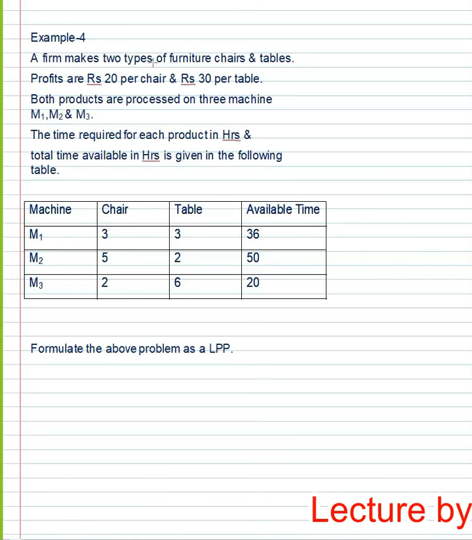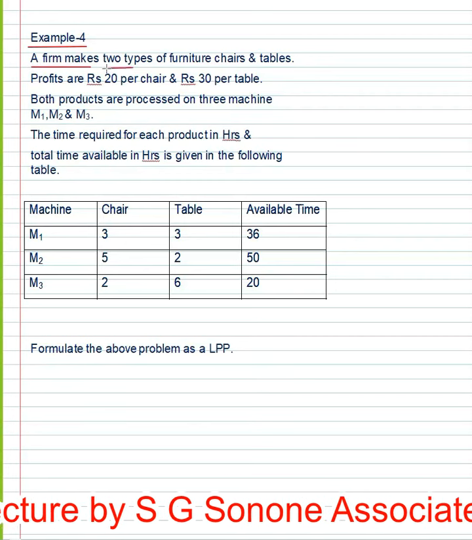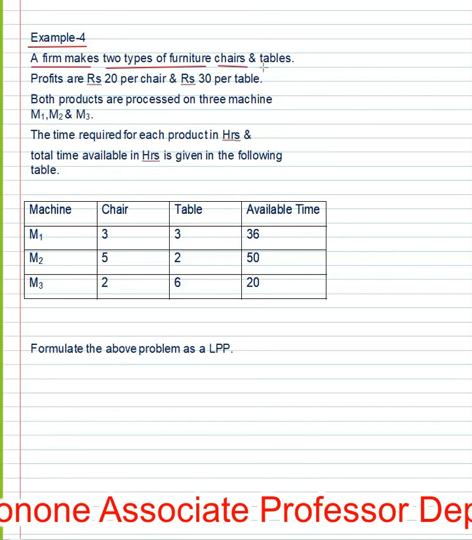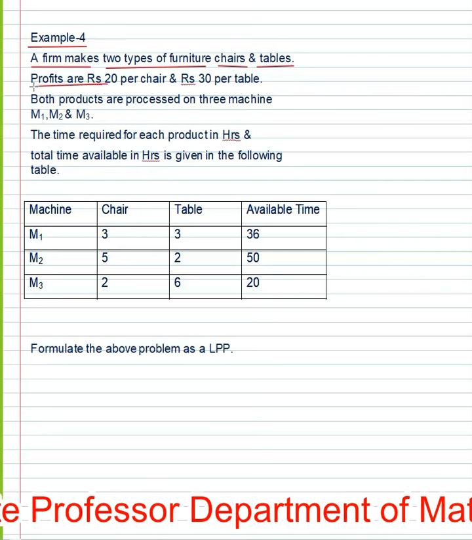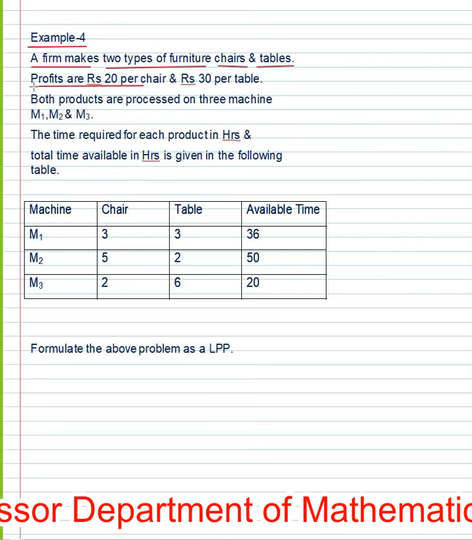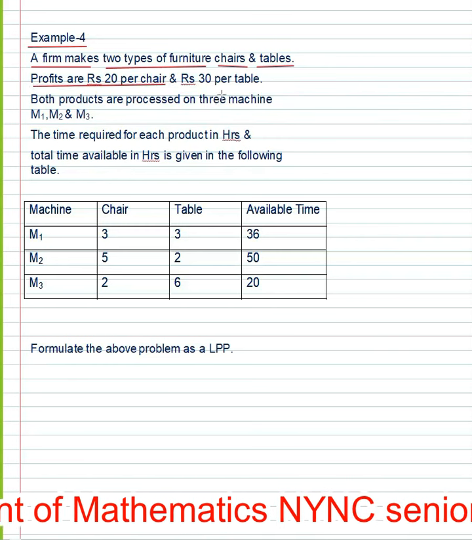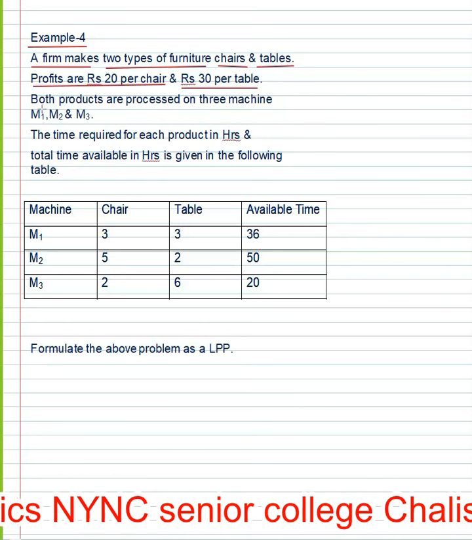Next example, a firm makes two types of furniture, chairs and tables. Profits are 20 rupees per chair and 30 rupees per table.